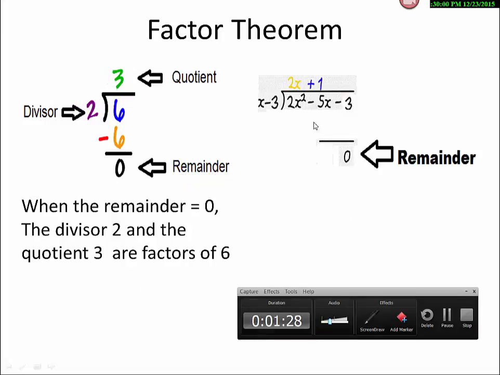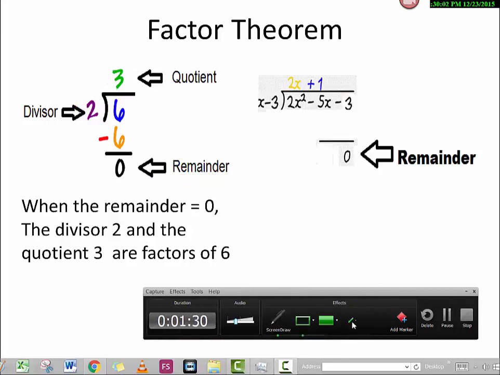Similarly, if you have a polynomial function like this one, and it's divided by the divisor x minus 3, which gives you the quotient of 2x plus 1. Forget the operations here.